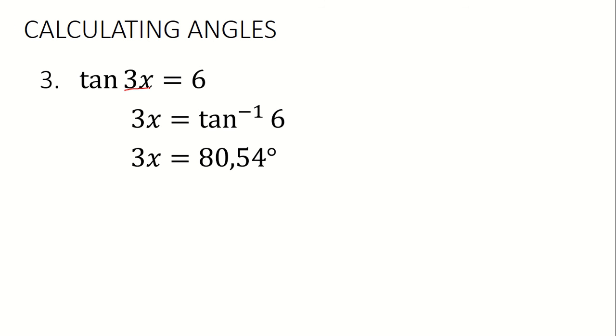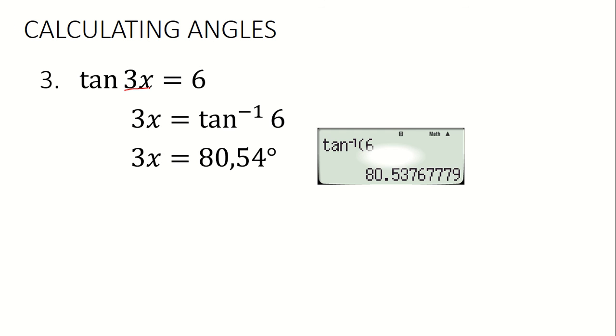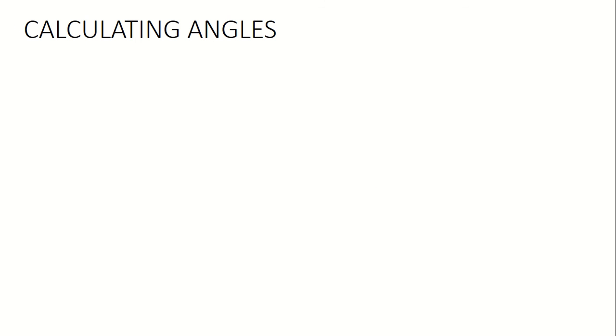Now for me to be able to solve for x here, I will simply divide both sides by 3, and x will simply be equal to 80.54 degrees divided by 3, which is 26.85 degrees. It will always be in degrees because I am calculating angles. I have given you a screenshot of my calculator as to how I calculated that 80.54.